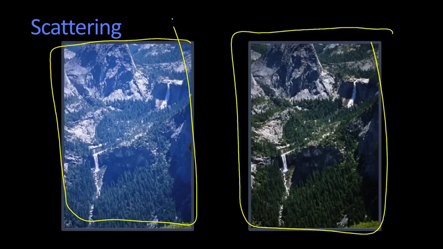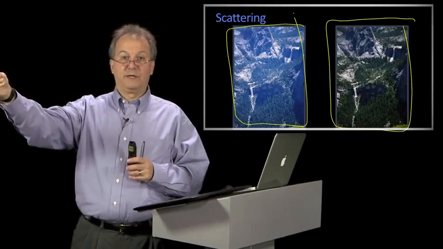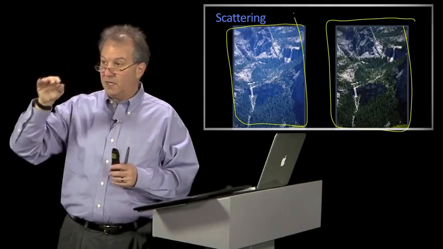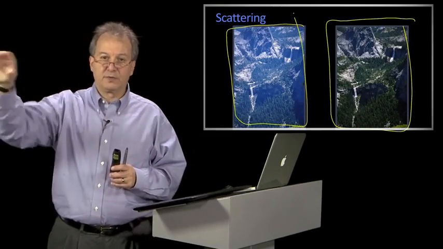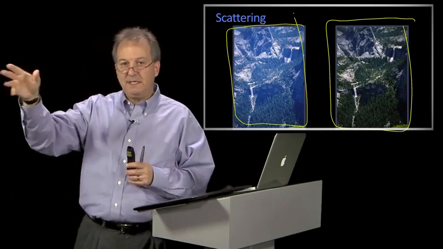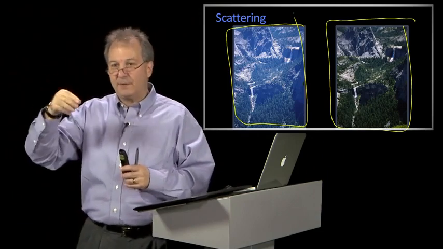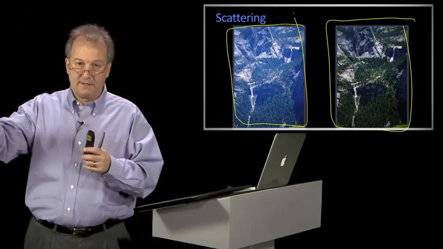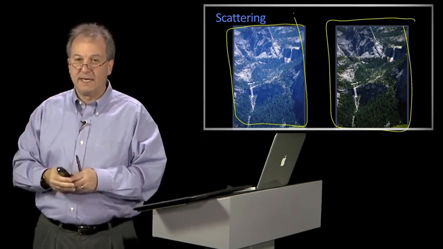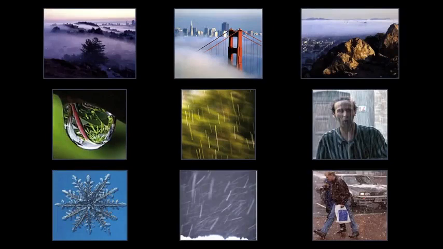In fact, there was a really cool paper about depth from what's called the dark channel, which basically says that the further away something is, the harder it is for something to be black in your image, because there's a little bit of fog all the way through. So they estimate the depth of the scene based on essentially the amount of fog-induced lightness that's there. This is all from an understanding of the nature of the physics. And there are lots of other phenomena that impact the light that comes in. Here's fog and water dripping and all sorts of different types of effects.